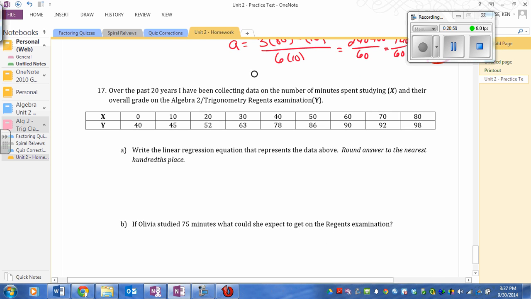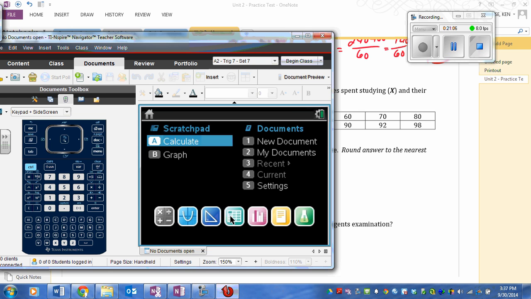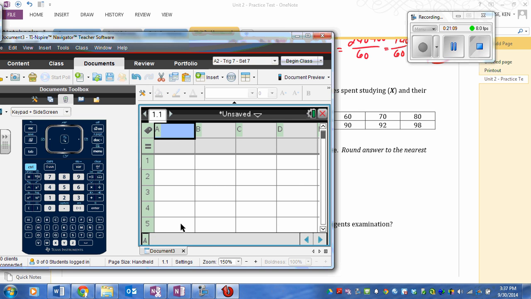All right, so I've got to put these in here. So 10, 0 through 80. Enter 10, enter 0, enter.